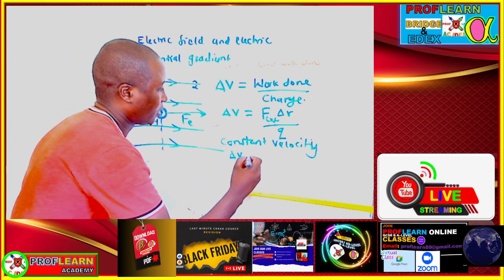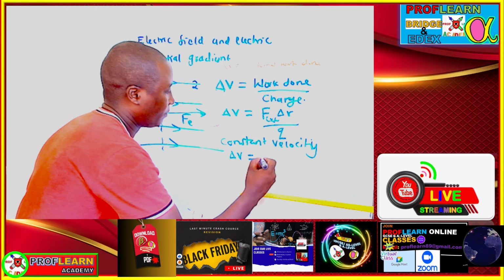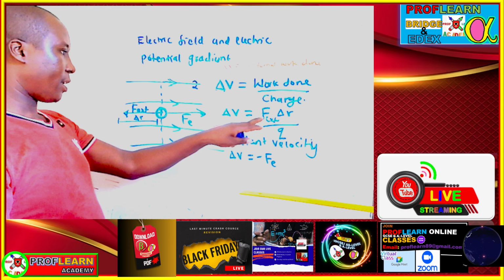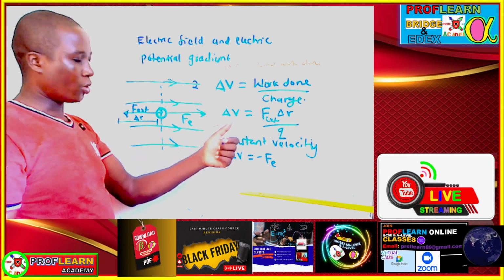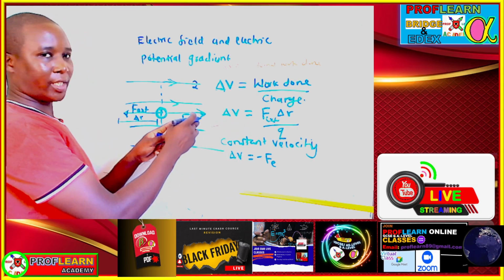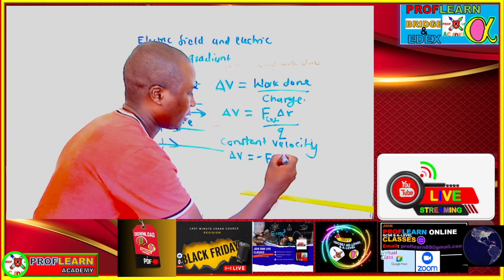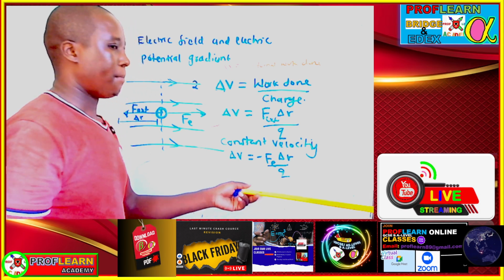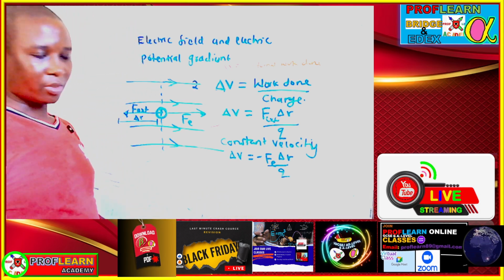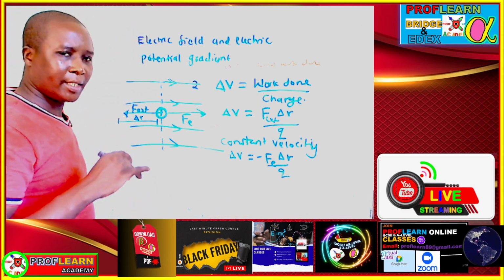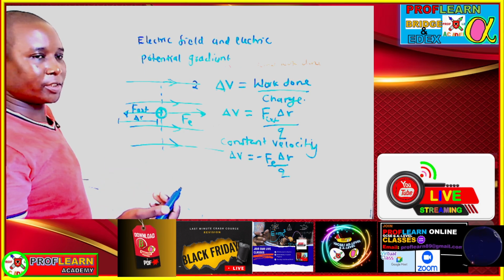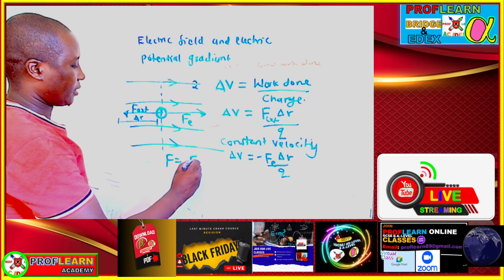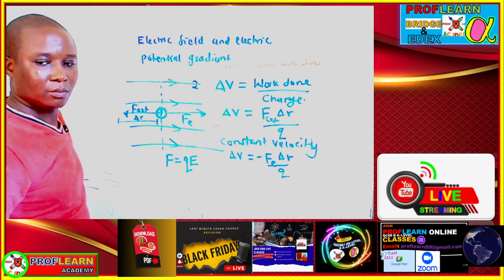the change in potential difference is going to be the negative of the electric force. The external force is equal to the negative of this electric force times the change in r over Q. But what we need to also remember here is that electric force is equal to the electric field times the charge.